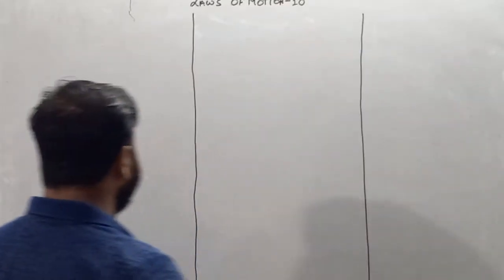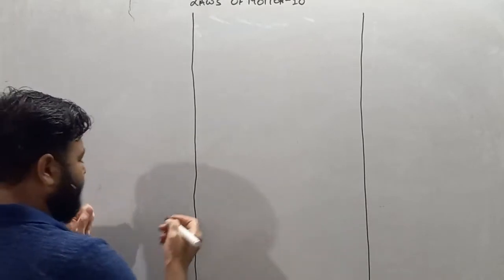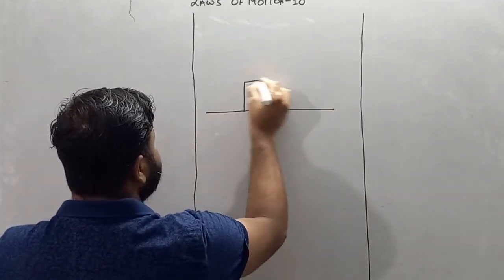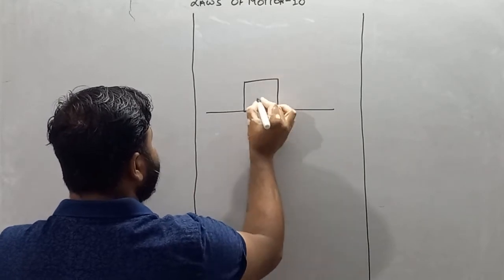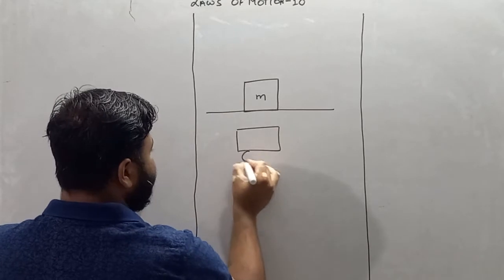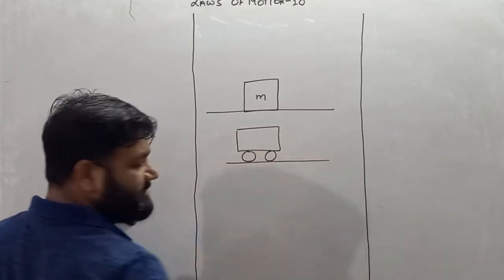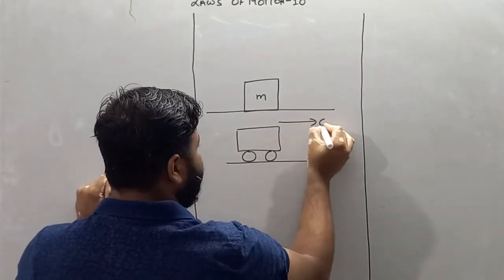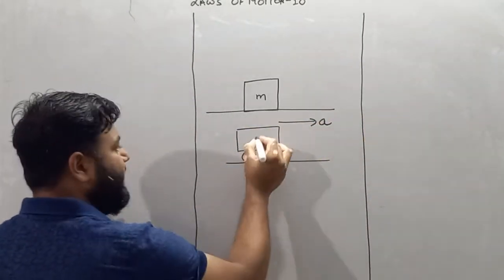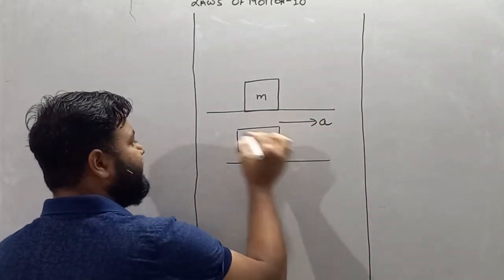And I told you in the last class that if the observer is in a non-inertial frame of reference, then the process for making a free body diagram is, let's suppose a train is there, and the train is accelerating in this direction and an observer is sitting in this train.